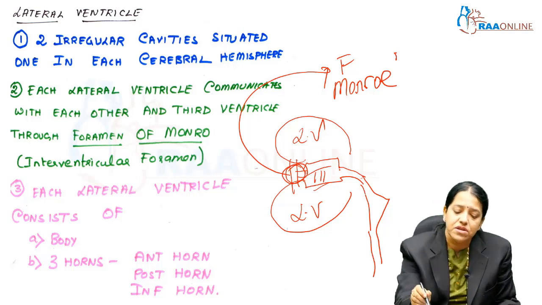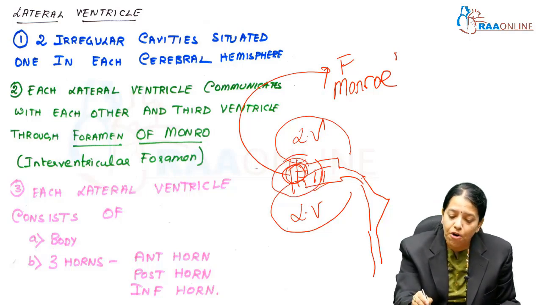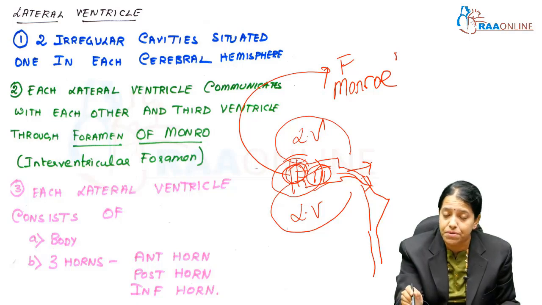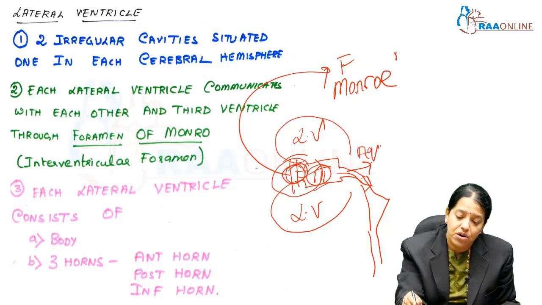From the third ventricle there is a connection that continues through the midbrain and connects the third ventricle with the fourth ventricle, and that is called the aqueduct of Sylvius.